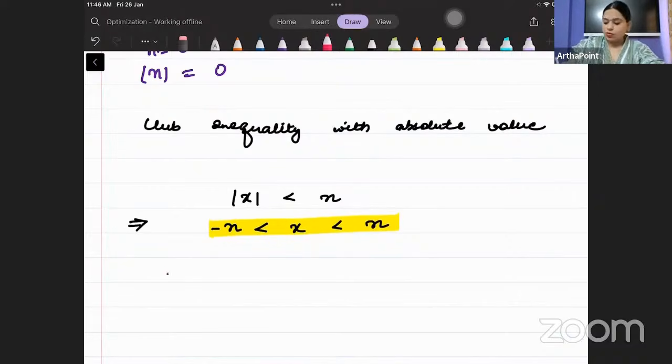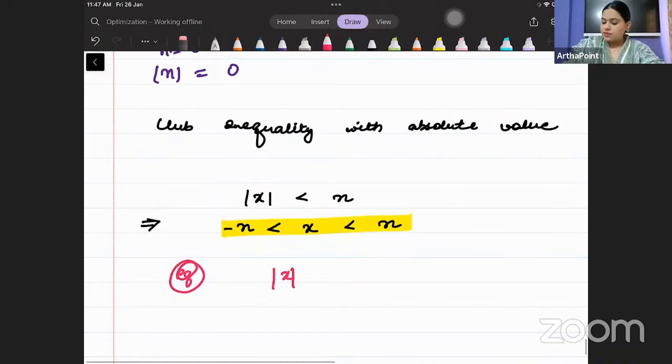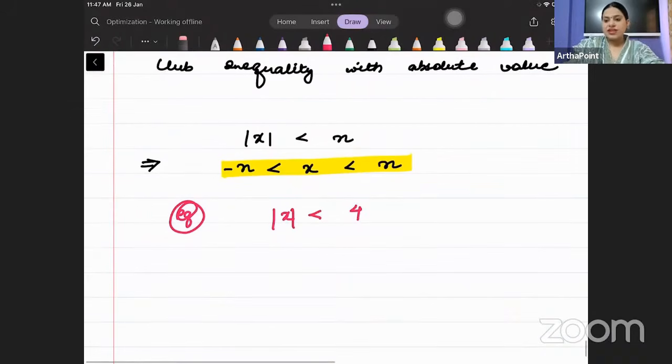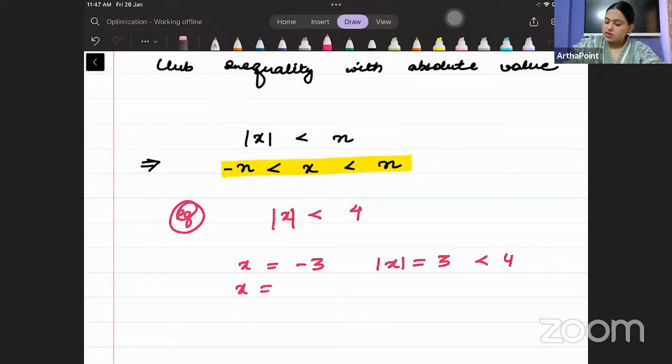ध्यान से समझो, एग्जाम्पल लो बेटा. सपोज आई टेल यू mod of x is less than 4. तो बेटा अगर x minus 3 रहा होगा then also mod of x is 3 which is less than 4. अगर x 2 रहा होगा then also mod of x is 2 that is less than 4. अगर x 0 रहा होगा then also mod of x is 0 less than 4.